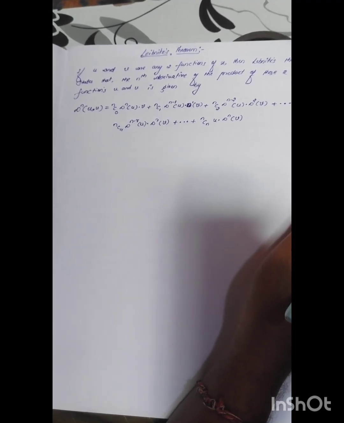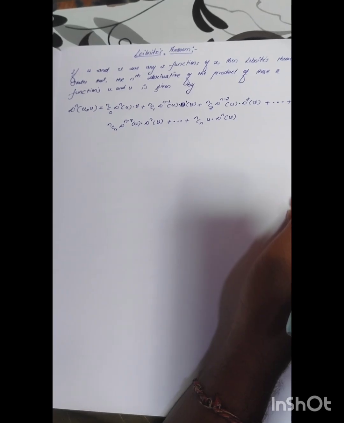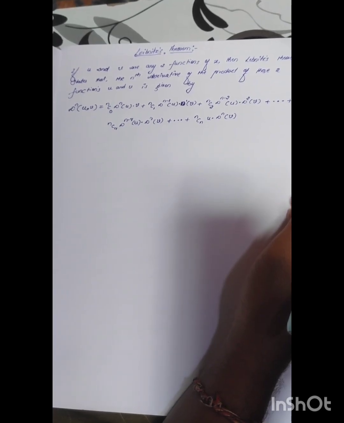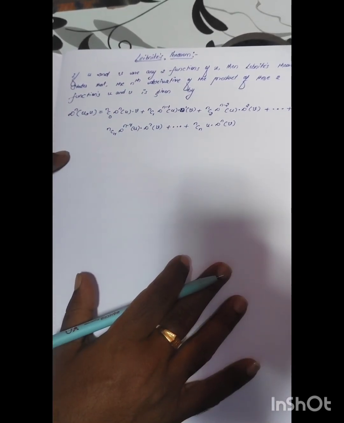The principle of mathematical induction states that whenever there is an m for which m plus 1 is also true, then it will hold good for all values of m. Now let's prove that.